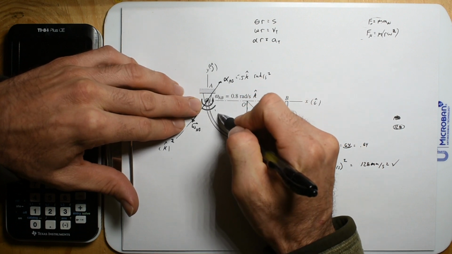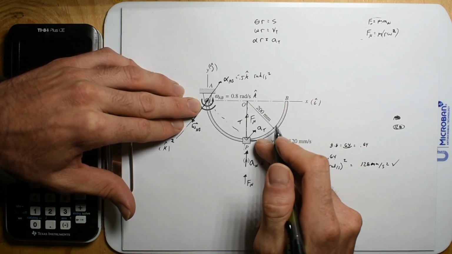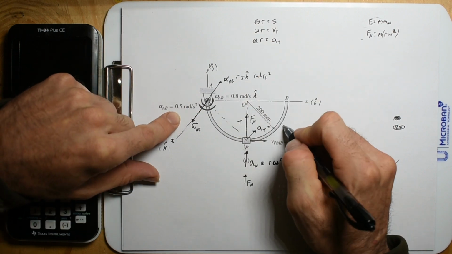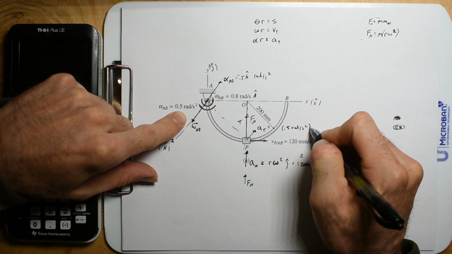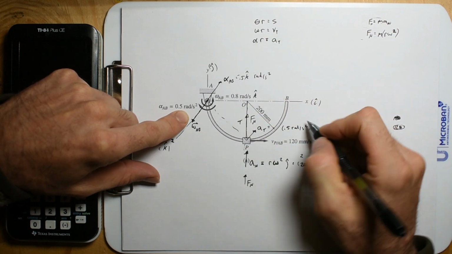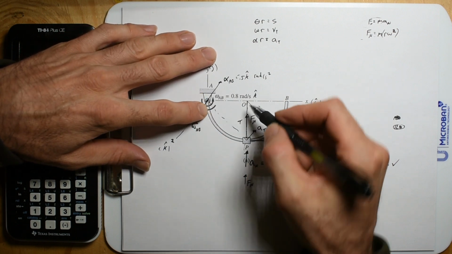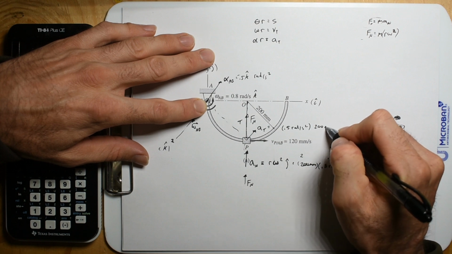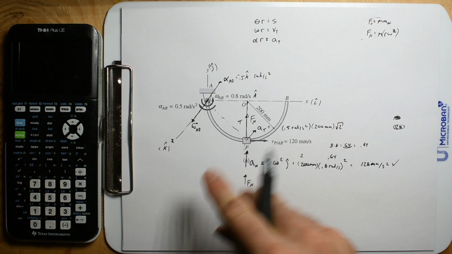And so if we go to this point, we're going to have a tangential acceleration. And this is going to be equal to this alpha, 0.5 radians per second squared, times the radius. This distance is going to be, and we already did this, 200 millimeters times the square root of 2, since we already went over that.